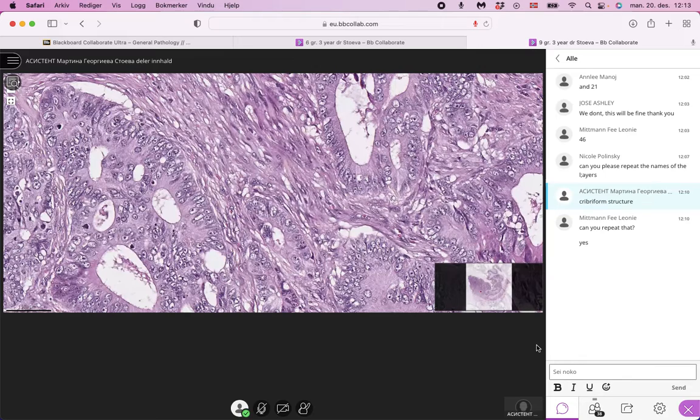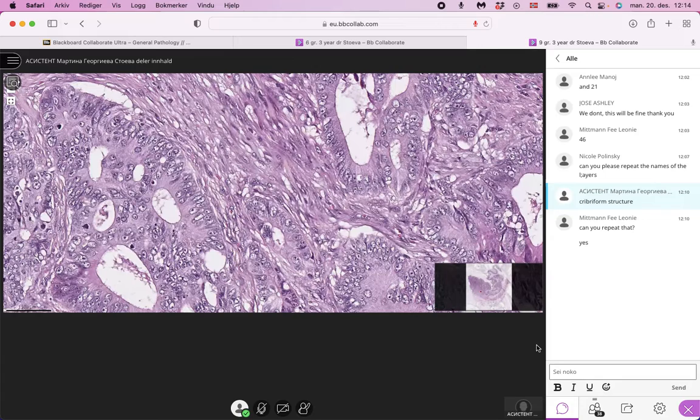So the TNM system is used for staging, and for whole organs, the T stage is defined based on the depth of infiltration into the wall, or this is the endophytic growth of the tumor. So here we should evaluate to which layer of the wall the tumor glands already infiltrate. That's why we should follow the normal layers that we saw from the very beginning.